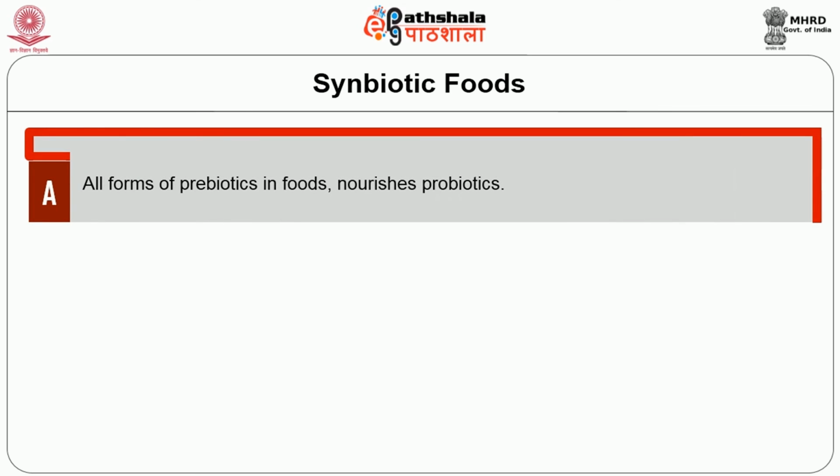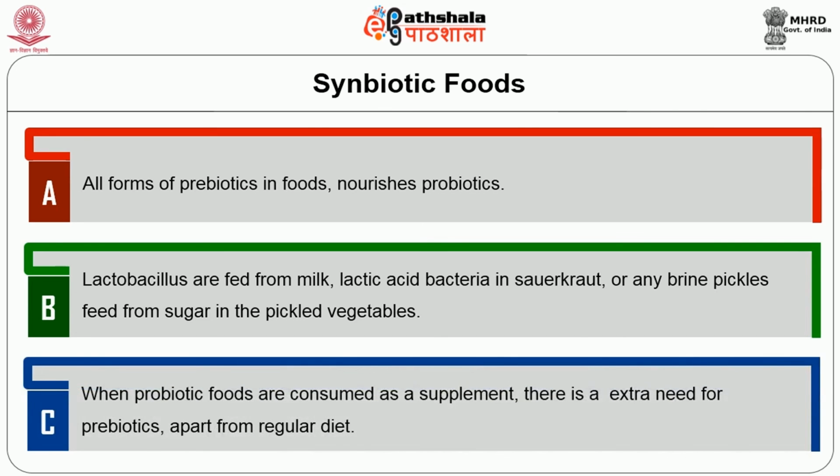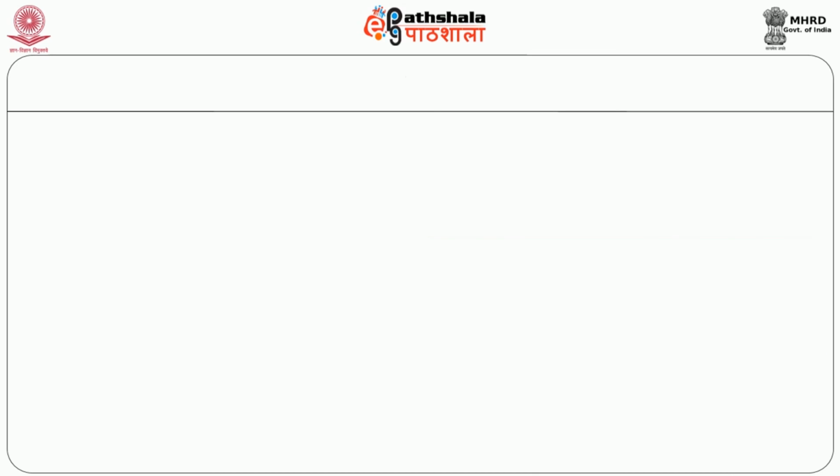All forms of prebiotics in foods nourish the probiotics. Lactobacillus are fed from milk, lactic acid bacteria in sauerkraut, or any brine pickle feed from sugar in the pickled vegetables. So when probiotic foods are consumed as supplement, there is an extra need for prebiotics apart from the regular diet.